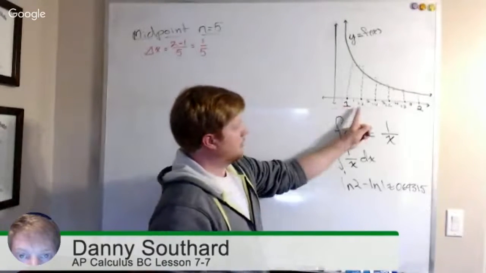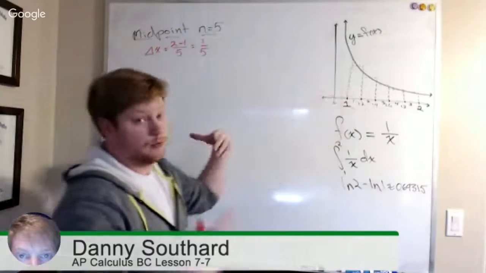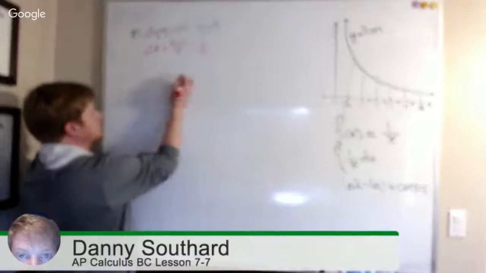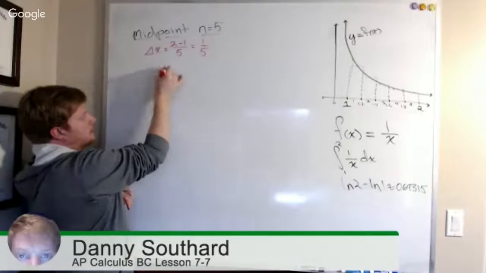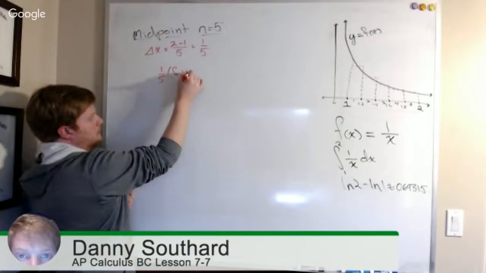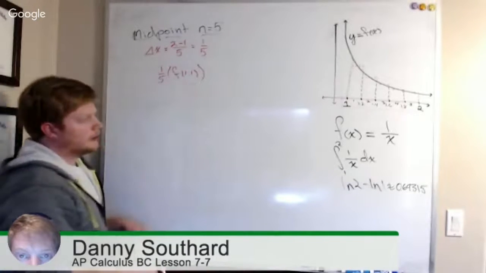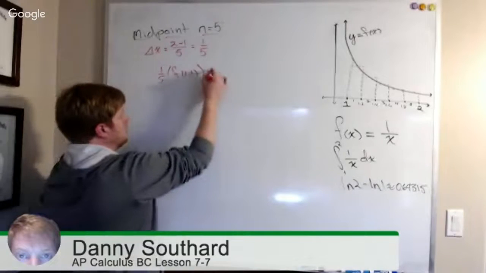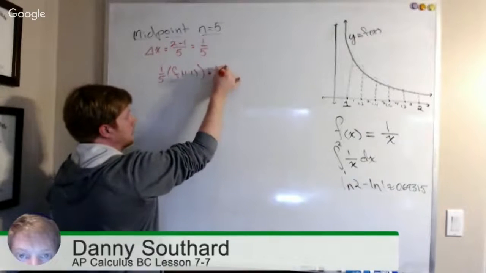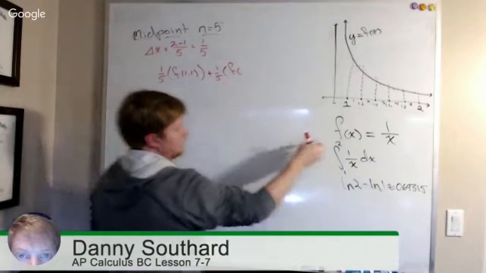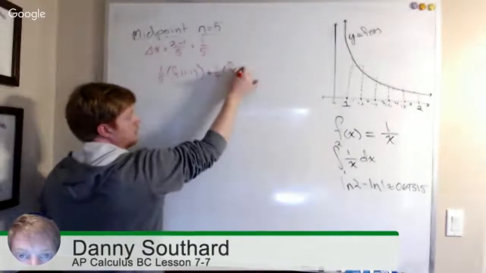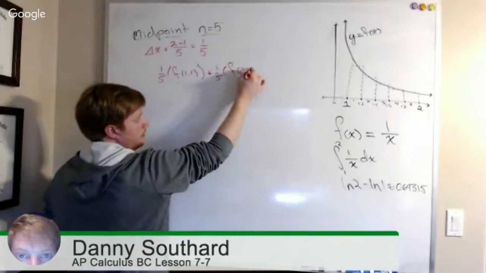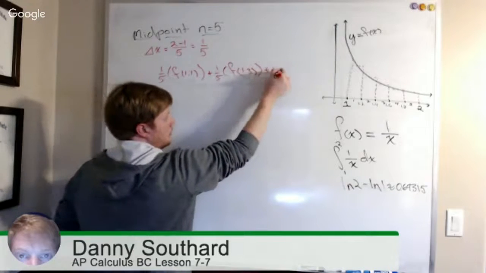Halfway between 1 and 1.2 is 1.1. So the area of the first rectangle is 1/5 times f of 1.1. The area of the second rectangle is going to be 1/5 times f of halfway between 1.2 and 1.4, which is 1.3. So on and so forth.